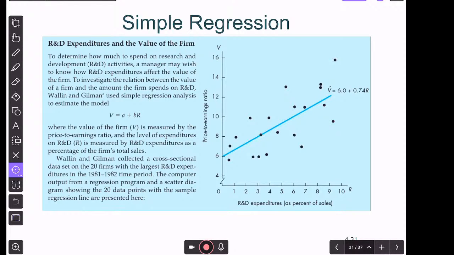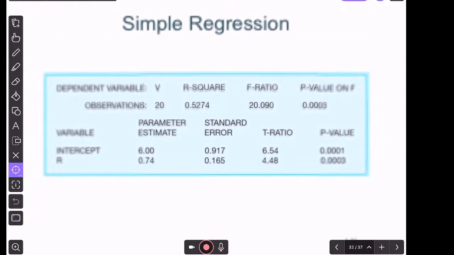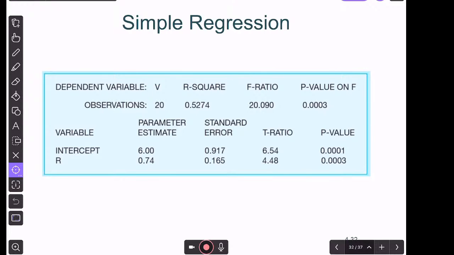But how meaningful is this? So here's the output. Let's see. Here's the intercept. It was 6. That was the estimate of the parameter. It gives you the standard error, so that's like the estimate of the standard deviation.